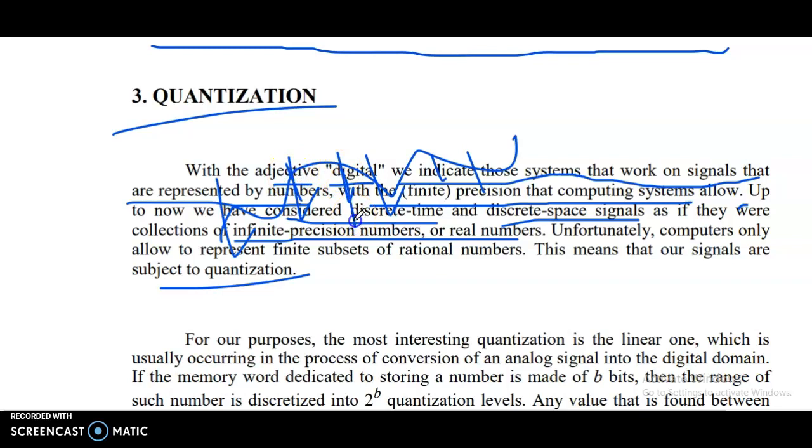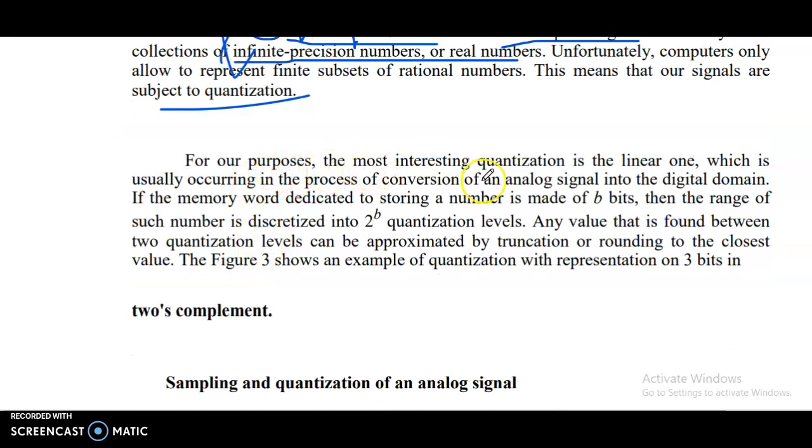Sorry, quantized like this. So for our purpose, the most interesting quantization is the linear one, which usually occurs in the process of conversion of an analog signal into the digital domain.